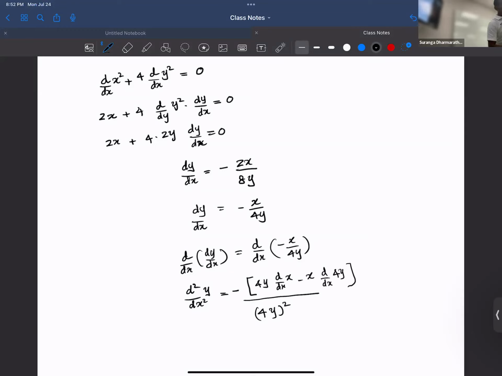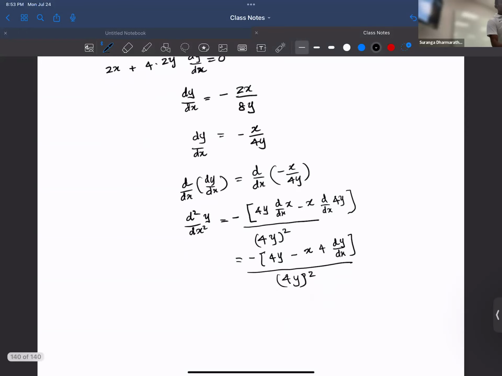And then from this, it's negative 4y times 1 minus x times 4 times d over dx y, divided by 4y squared, right?